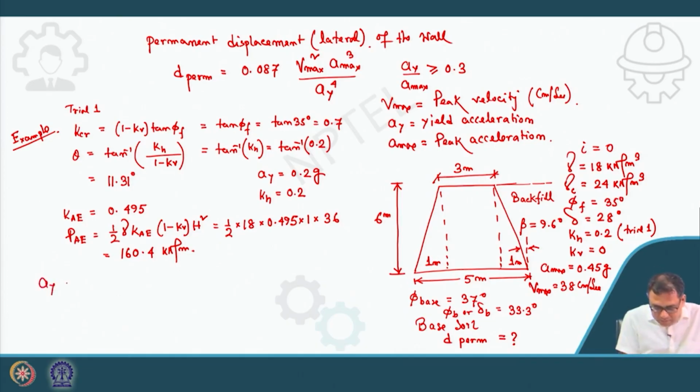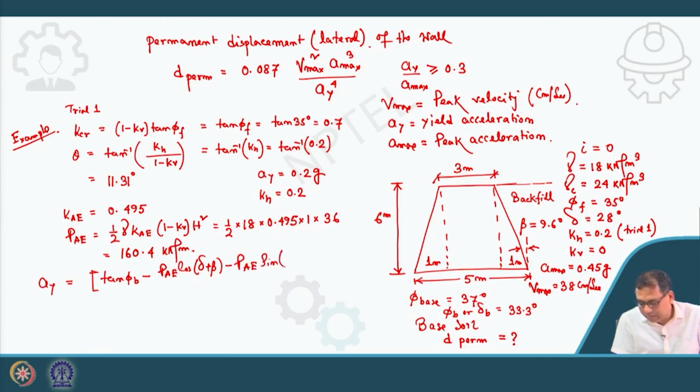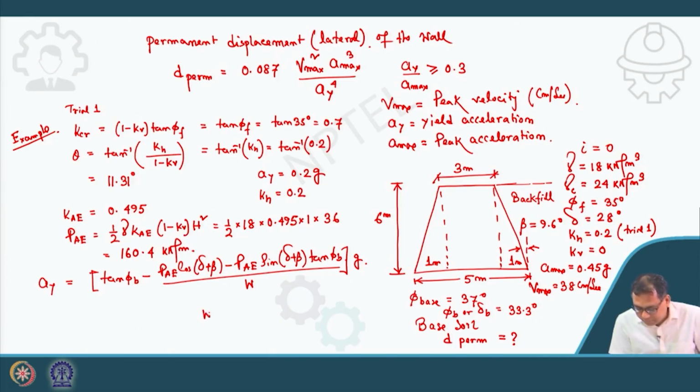Now, I know the yield acceleration equation. What is the equation? It is (tan phi b minus PAE cos(delta plus beta) minus PAE sin(delta plus beta) into tan phi b) divided by W into G. Now, what is the W value? I have already calculated W in my previous example problem, but still I am calculating it.